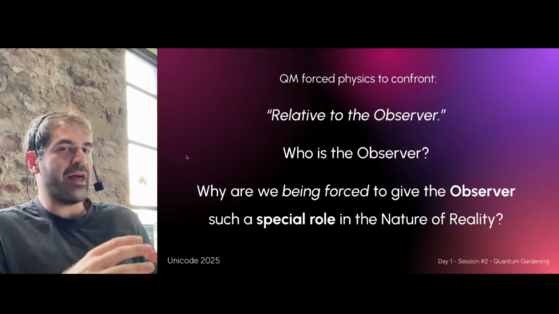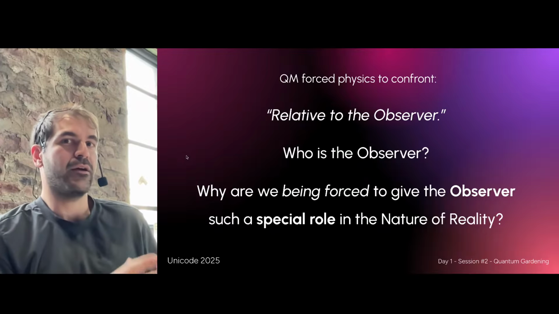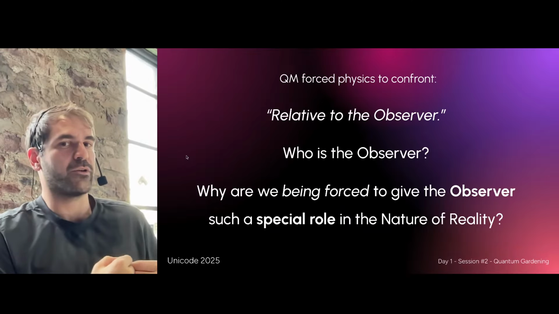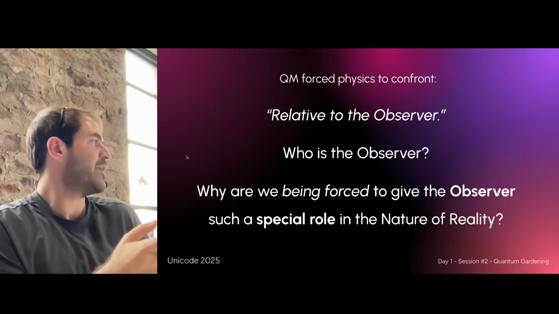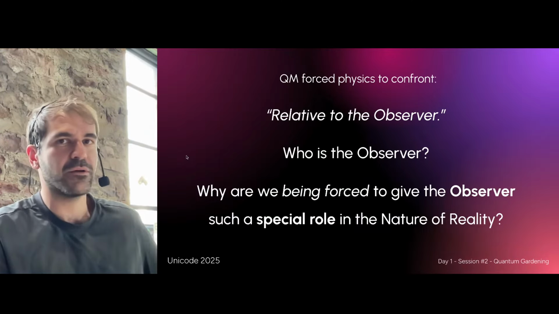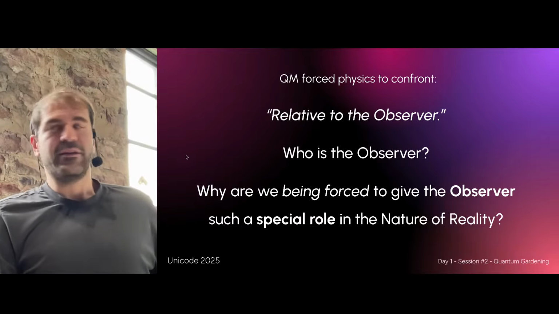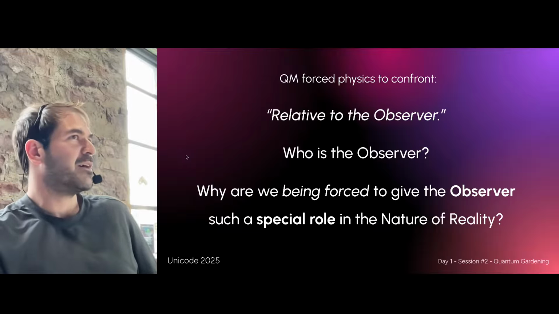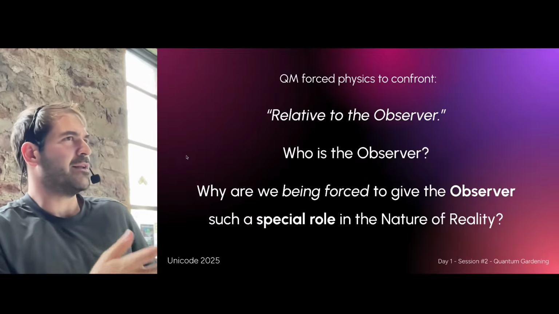So now we're saying that, okay, if quantum mechanics forced the observer to have a special role in the nature of reality, now you have to ask the question, who is the observer? So now physicists are also having to ask, okay, but who is the observer? So is the observer a name?